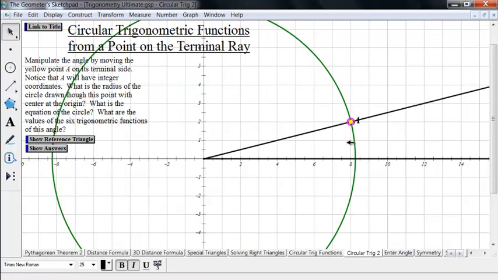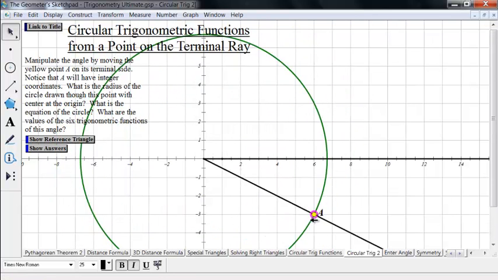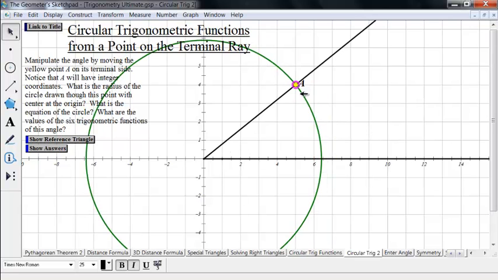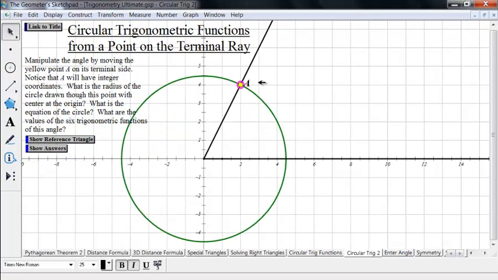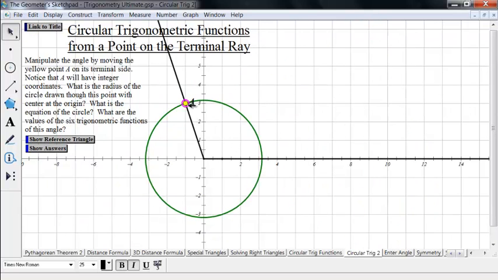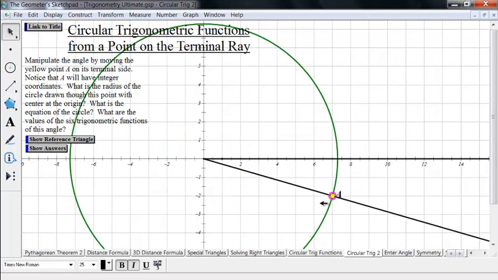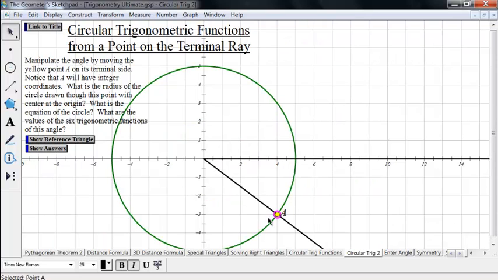As this jumps around, it jumps to integer coordinates for point A, and that's going to determine where the circle is. The circle is going to go through point A, but it's going to have center at the origin, and of course your initial side is on the positive part of the x-axis, which you see right here. So let's say we put it right there.